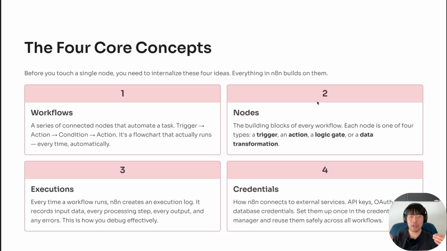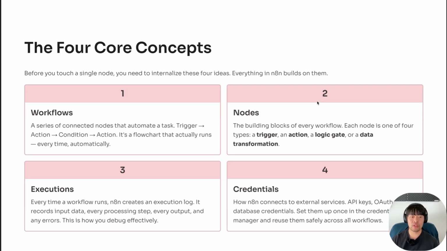Each node is one of these 4 types: either trigger something, or act on something, or do some logic and data transformations. So if you have this meta understanding, you can categorize all of the nodes into these 4. So, it's a trigger. We're acting on something. We're processing data. We're changing the data sets, etc.